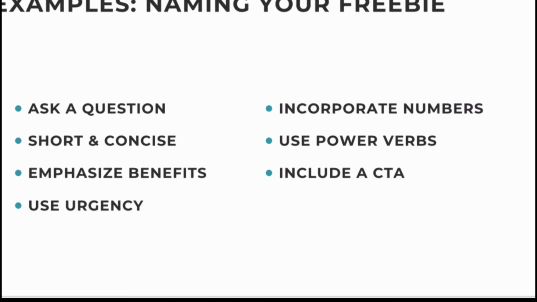Keep it limited to about 3 words. Maximum 5 if you have to. Emphasize the benefits. Okay? So how to get 30 clients in 30 days. That could be a freebie. That's a benefit. That's what everybody wants.